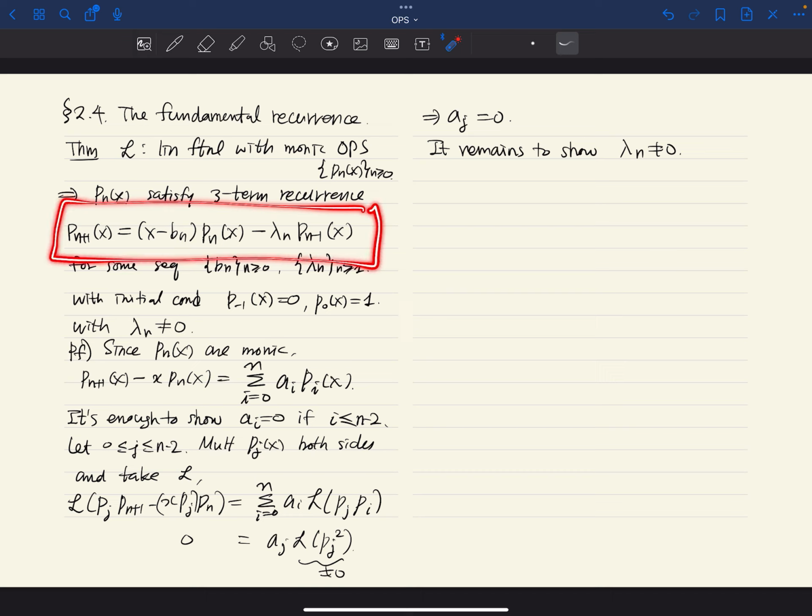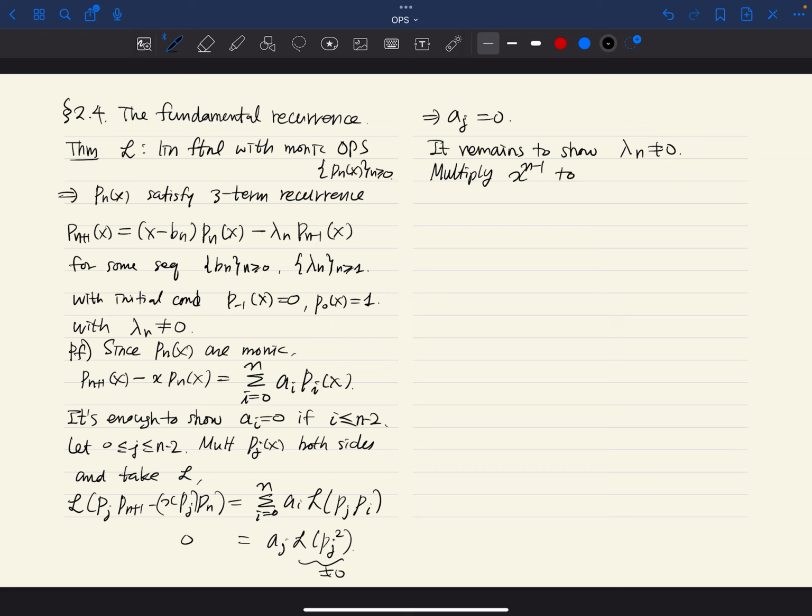So we want to get somehow this. To do this, multiply x to the n minus 1 to the three-term recurrence, and take the linear functional.